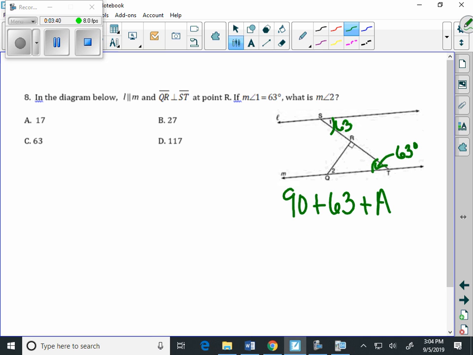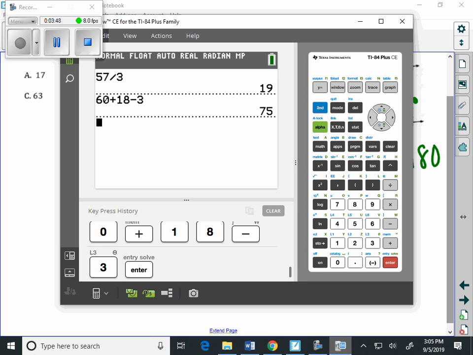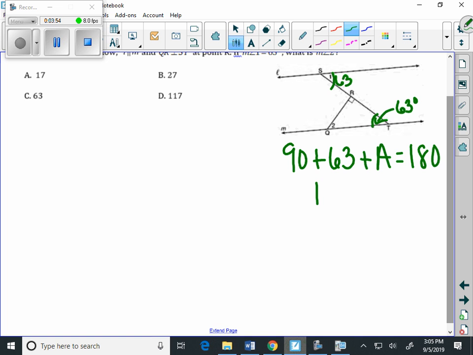Again, I'm going to use A for angle, and there's 180 degrees in a triangle. So 90 plus 63 is 153, plus angle A, which is our angle 2, is 180 degrees.